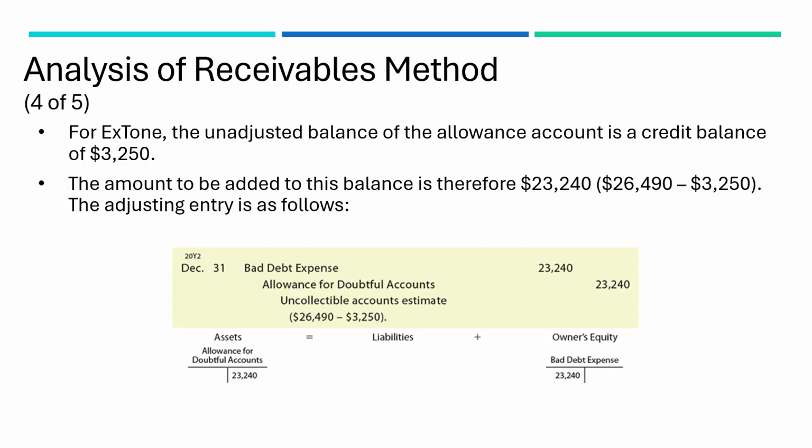We need to make a credit to allowance for doubtful accounts of $23,240 to bring it to $26,490. So our bad debt expense is going to be $23,240, and our allowance credit is going to be $23,240.